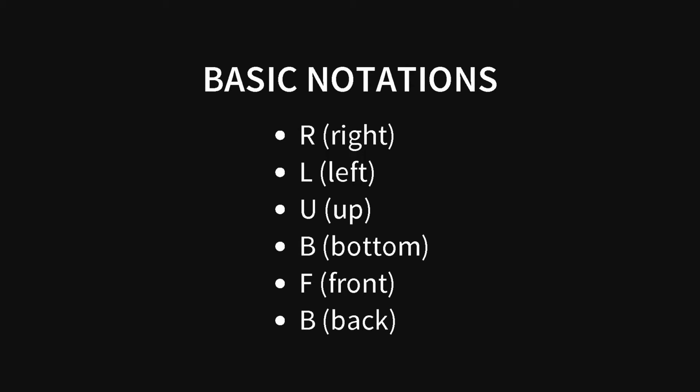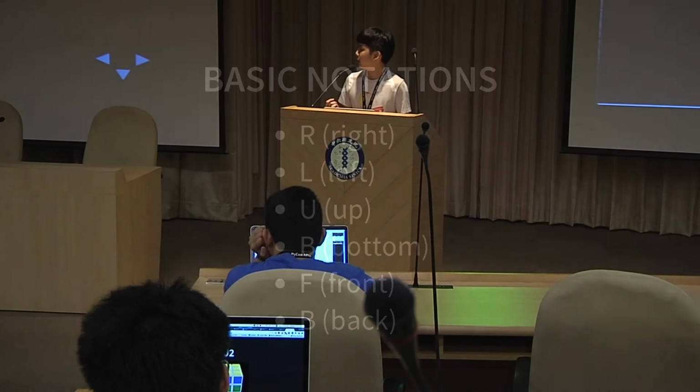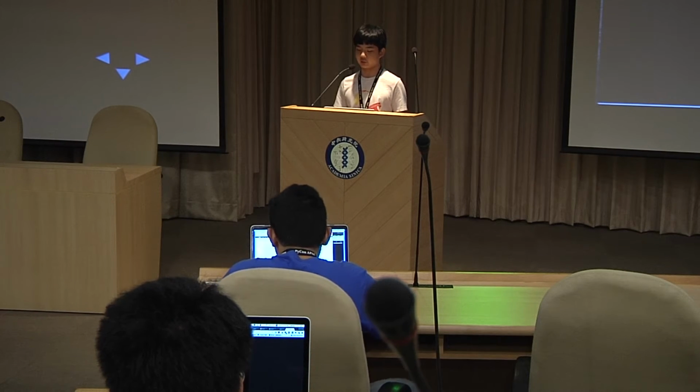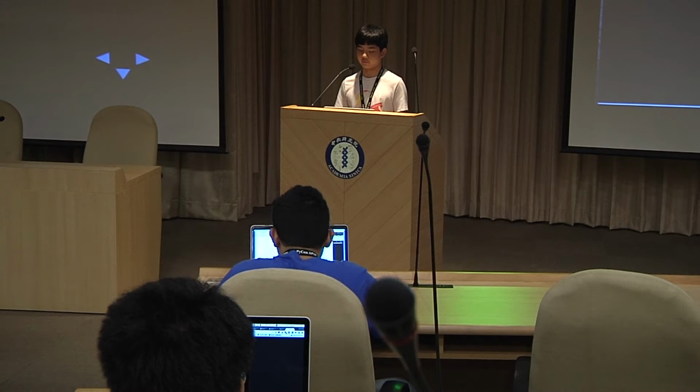A step always contains a main symbol, which represents the face it is turning. So for instance, the R symbol stands for right, L is left, U is up, D is down, F is front, B is back.